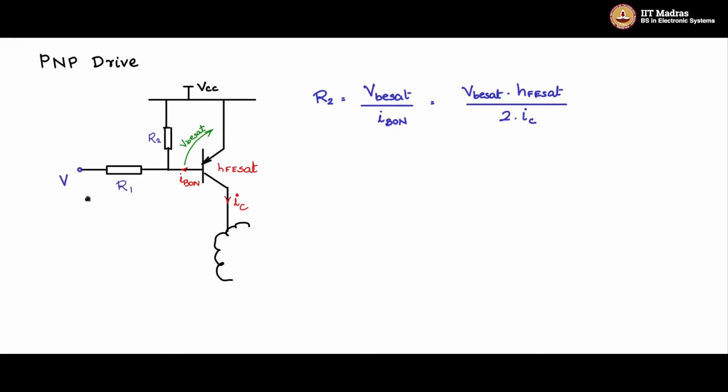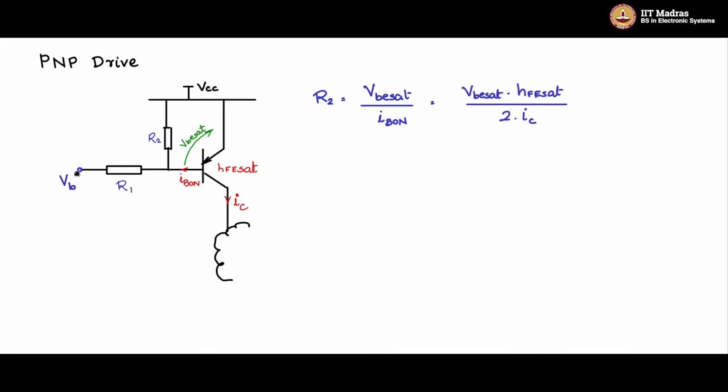Now, if you have VB, and VB is the signal voltage. So this will go low. When this goes low, then there will be a current IB on flowing through R2 and IB on coming in from the base. 2 IB on flows through R1 and sinks into the signal source.